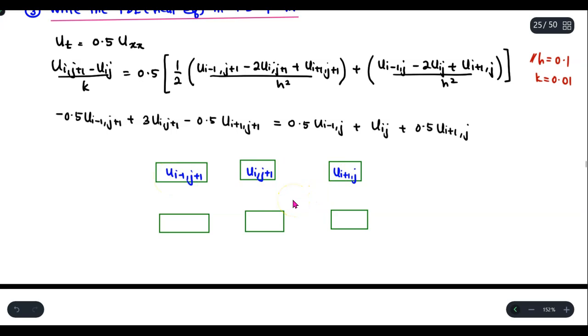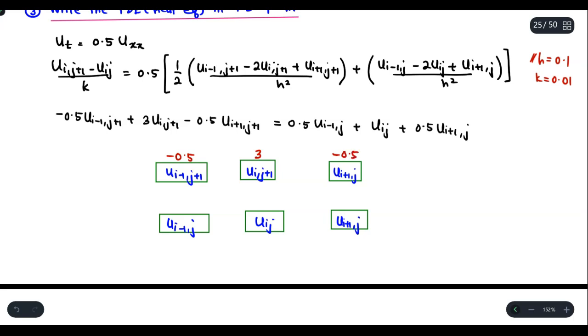Okay, and then at your right hand side, you have u_{i-1,j}. Okay, so the level is j, so it should be below j+1, not higher than j+1. So this is u_{ij}, and this is u_{i+1,j}. Okay, so the coefficient here is negative 0.5, so this is 3, this is negative 0.5.